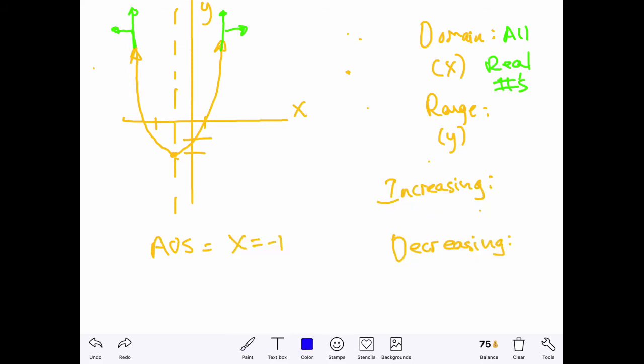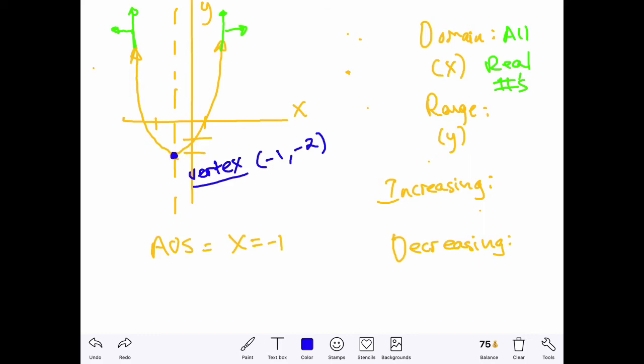How about our range? Well, let's look. Our graph is going to come down here and hit a minimum at our vertex here. Let's go ahead and just label our vertex. Well, where is that vertex at? Well, -1 on x and -2 on y, -1, -2. Okay, back to range.